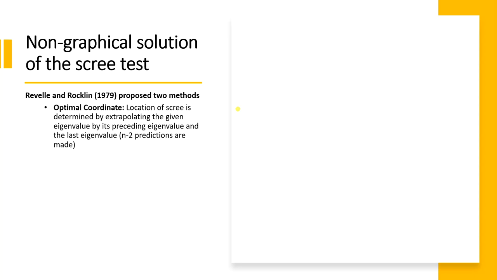This location of the scree is determined by extrapolating or projecting the eigenvalues based on the eigenvalue preceding a given eigenvalue and the last eigenvalue. So the regression lines between the preceding eigenvalue and the last eigenvalue are drawn, and n minus 2 lines can be drawn.